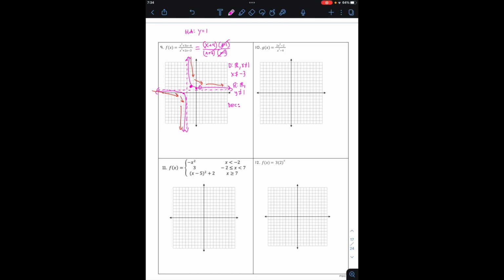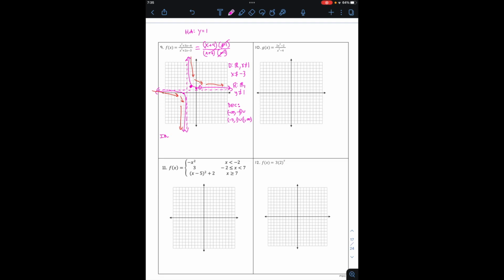So over our entire domain, we are decreasing. If we specify the interval, we would go from negative infinity to negative 3. And then we would be decreasing from negative 3 to positive 1, and then from 1 to infinity, because we have to sort of piece together the holes in our function, or the asymptotes.